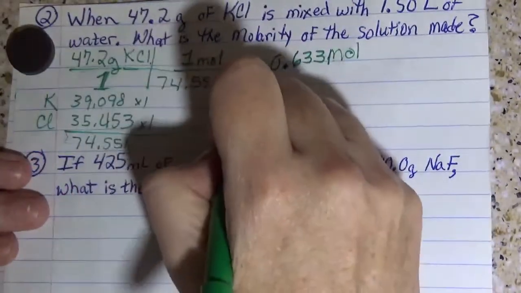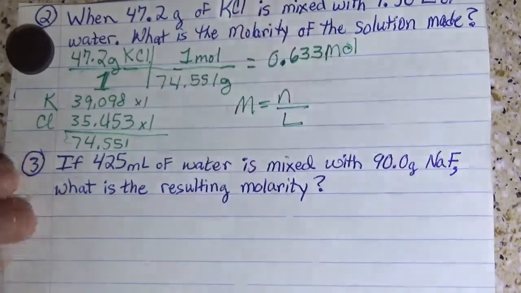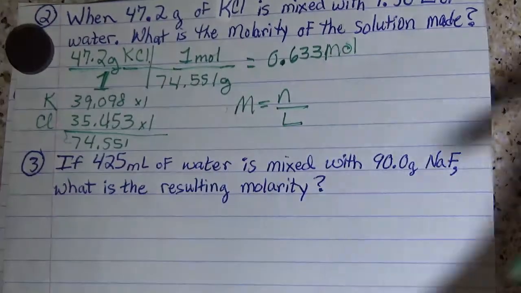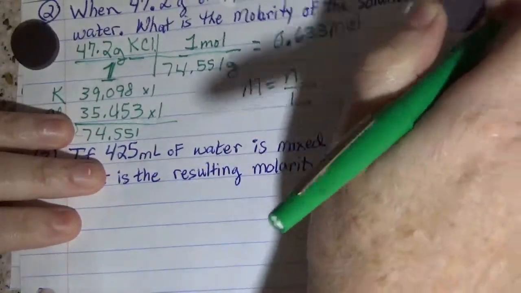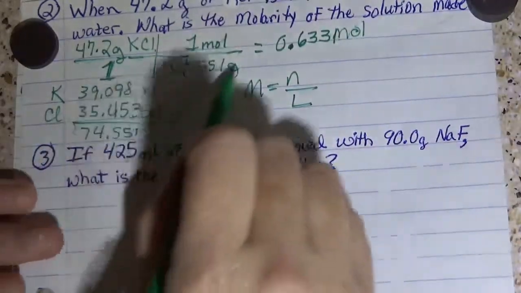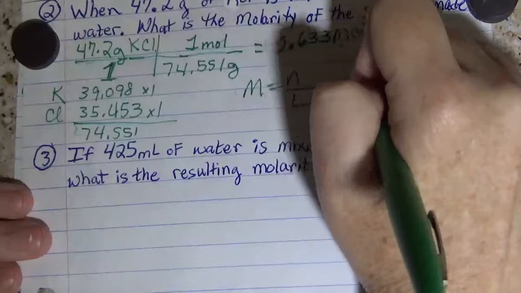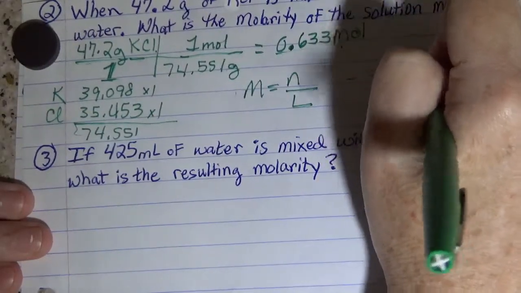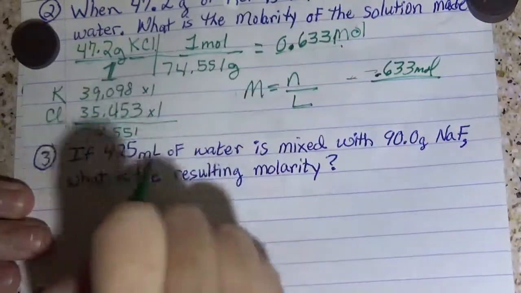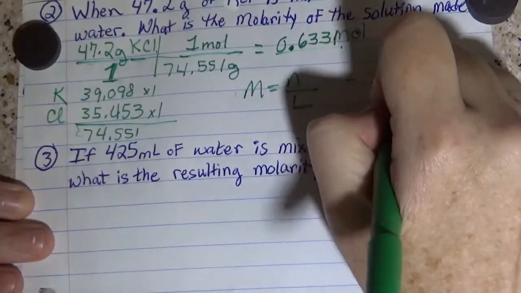We know molarity is equal to moles per liter. So how many moles was that? We knew it was 0.633. So 0.633 moles divided by, it says 1.50 liters in the question.